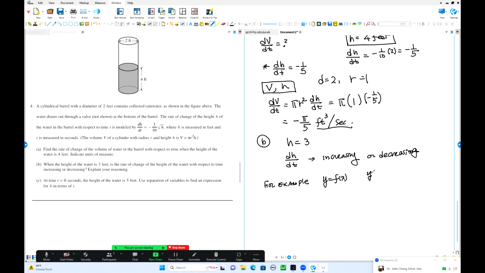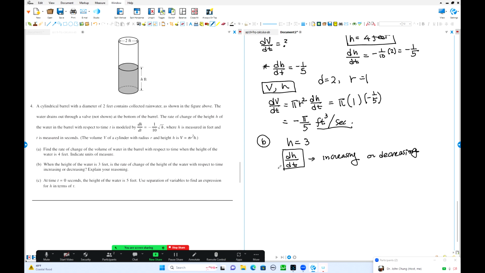We check y prime, dy/dx, the first derivative. If it is positive at this point of x, the graph is increasing; if it is negative at this point of x, the graph is decreasing. It's just the same thing. But in this case, we're going to check whether dh/dt is increasing or decreasing, not h. You've got to be careful.